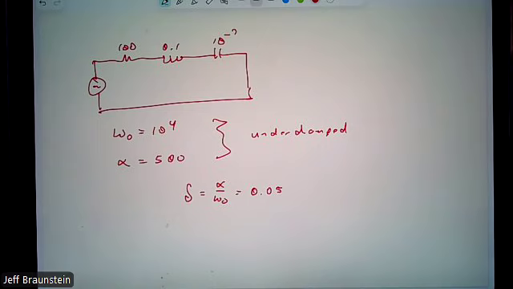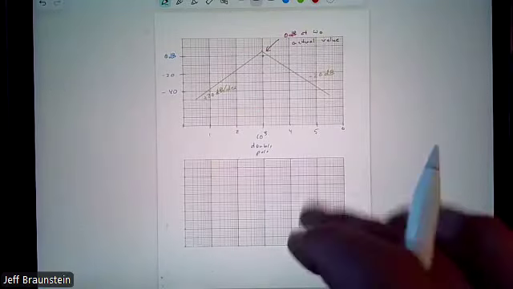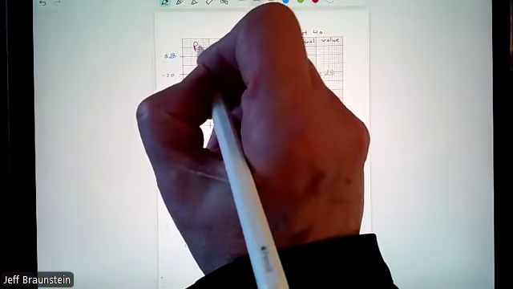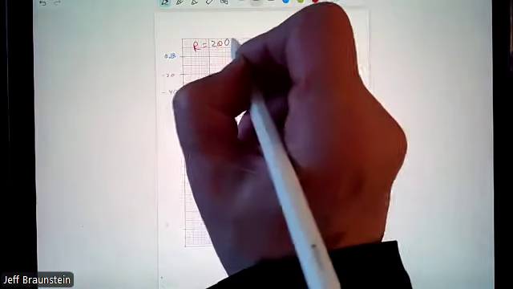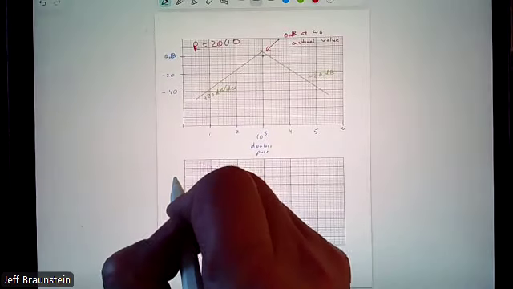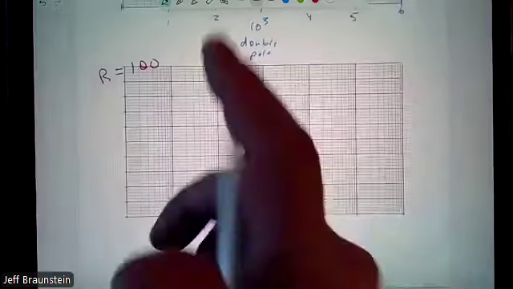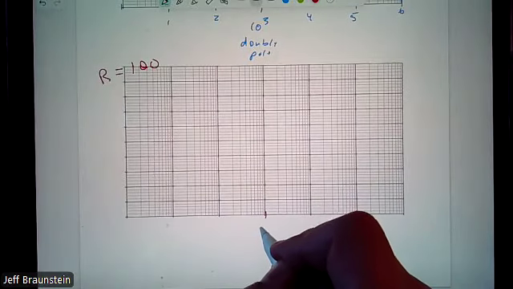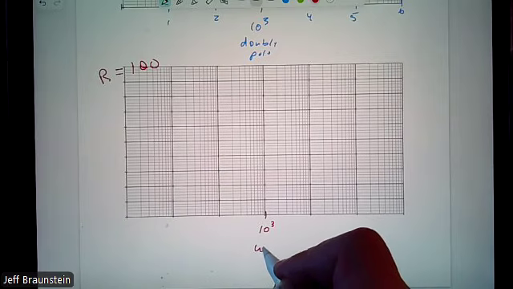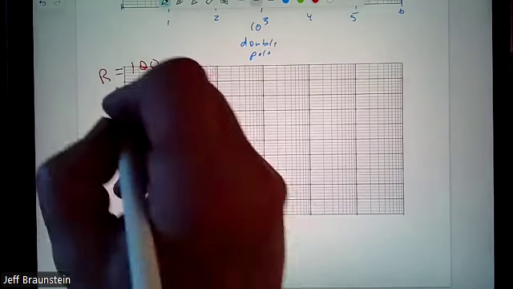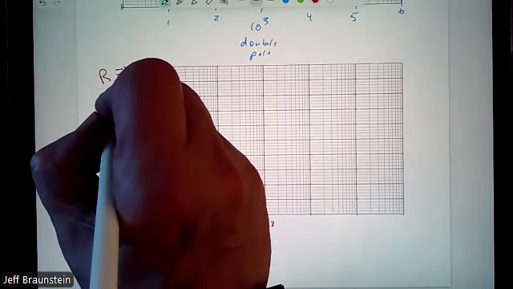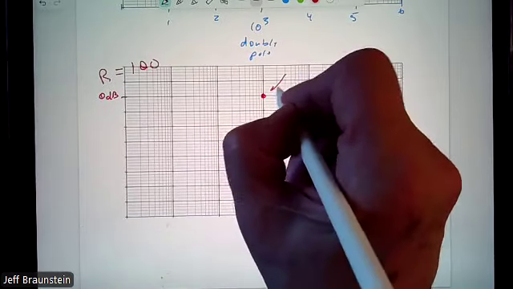Quick math. Not a big deal. That said, for the earlier circuit, R was 2000. For this circuit, R is 100. And I'm going to start, here's my resonant frequency, 10 to the 3. That's omega naught. Here is 0 dB once again, and there's my actual value.